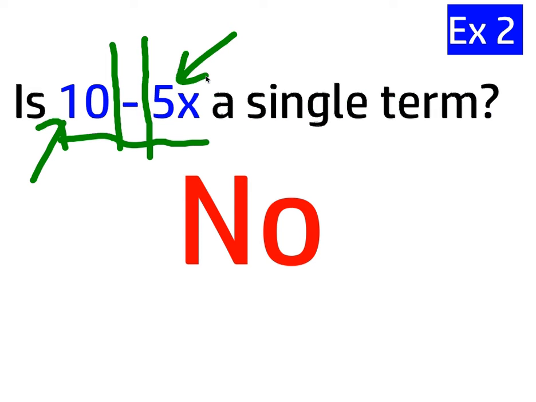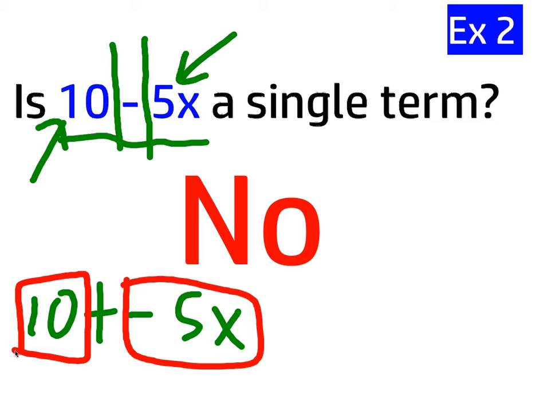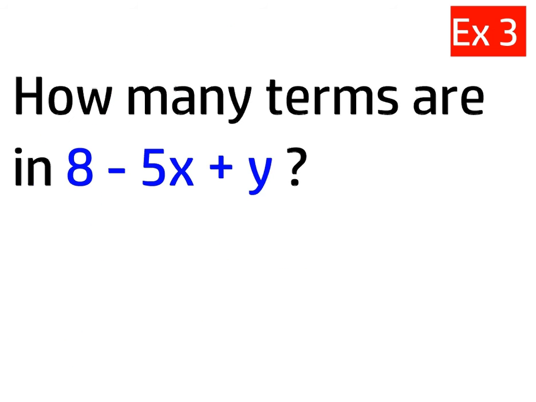Now that can get confusing in the sense that if you had 10 plus negative 5x, in that case the negative 5x would be the term and the 10 would be the other term. But again, it's not too confusing because they're separated by the plus sign. And so that's a slight difference. It's more of a technical difference, it's not that important.